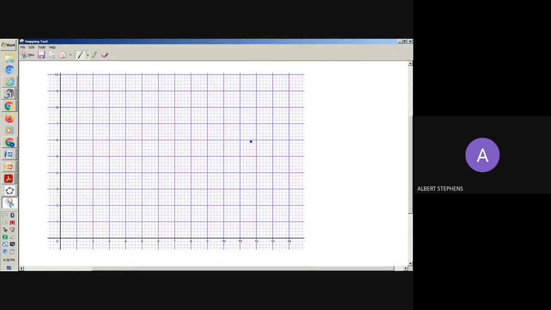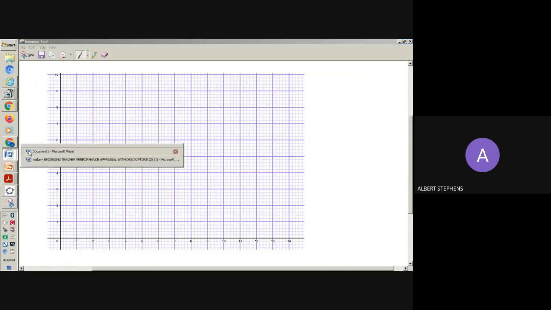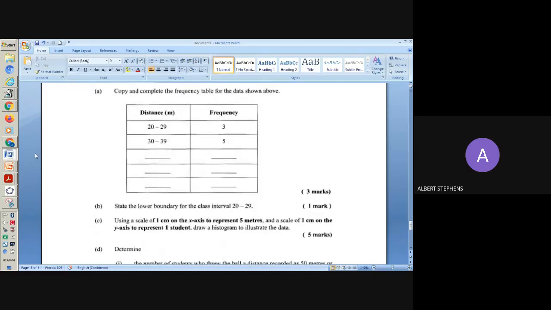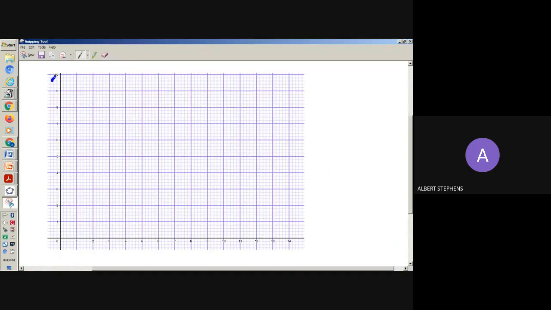All right, now let us go to the question. How do we draw this thing in? On your graph, the y-axis is always where you put the frequency.